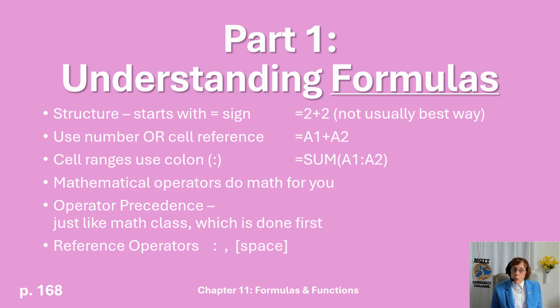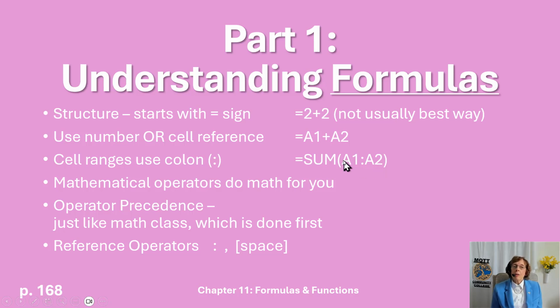There's one more way to do it that you'll be learning more about a couple of pages over, which is a cell range. A range means from here to there. So instead of typing A1 plus A2, you would say A1 colon, that's two dots on top of each other, A1 colon A2 or Z93.